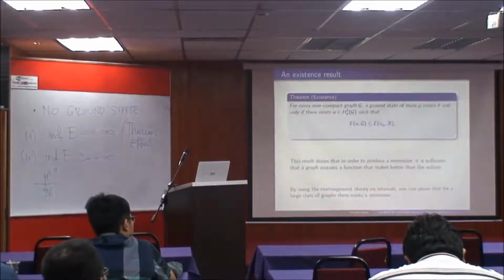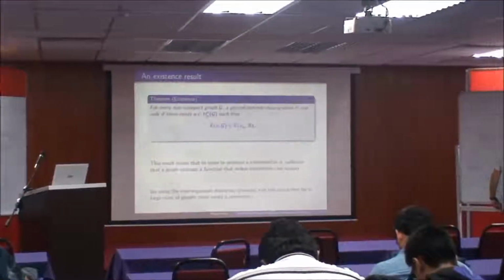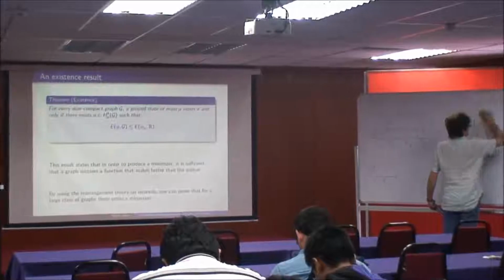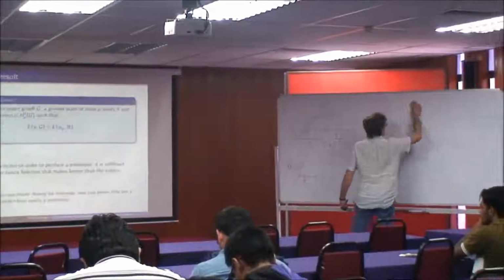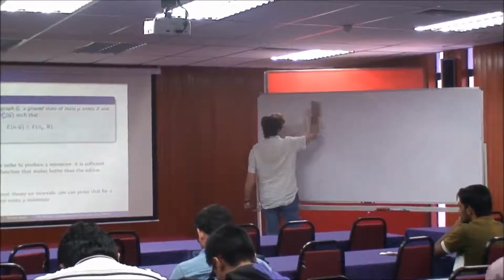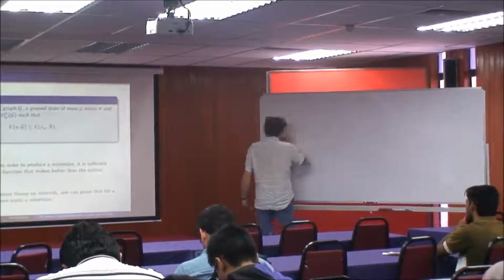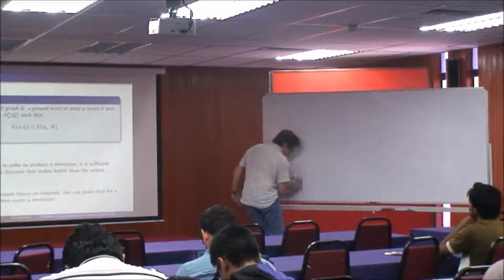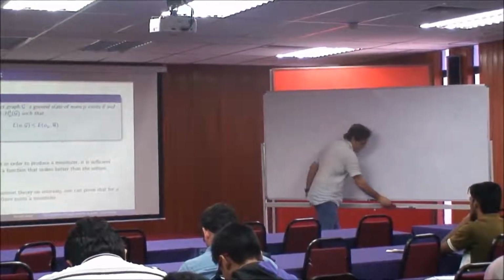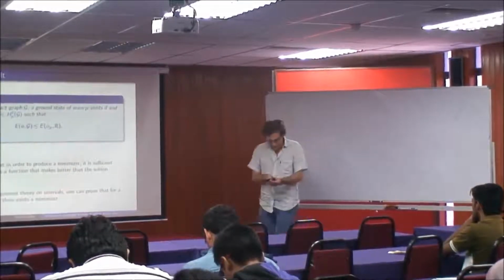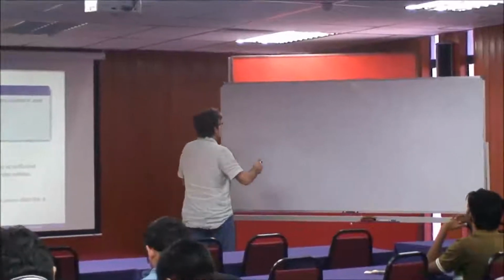When I say rearrangement theory on intervals, the point is that there is no need of non-compactness or of graphs or lines in order to define the rearrangement. The rearrangement can be defined exactly in the same way on an interval.